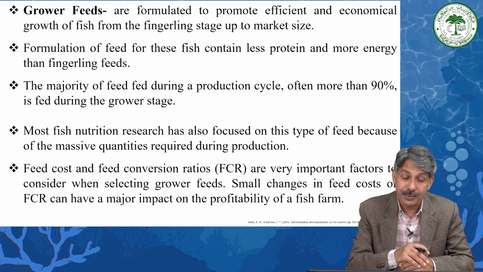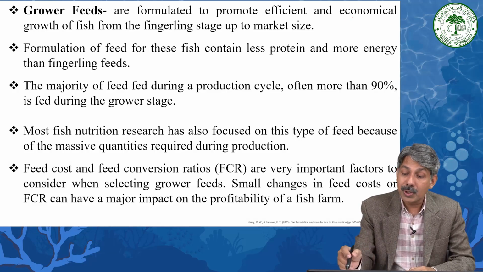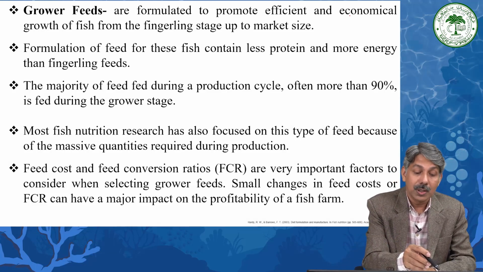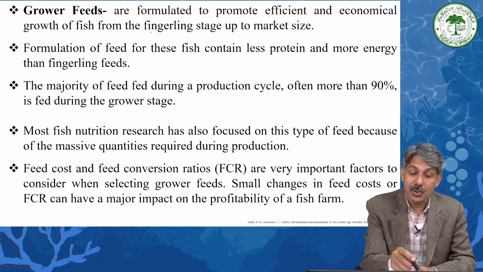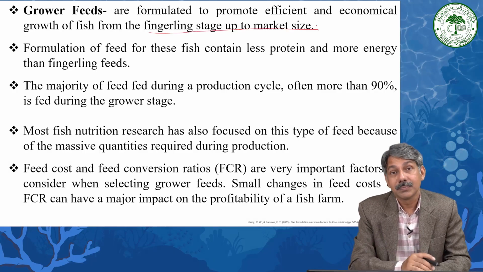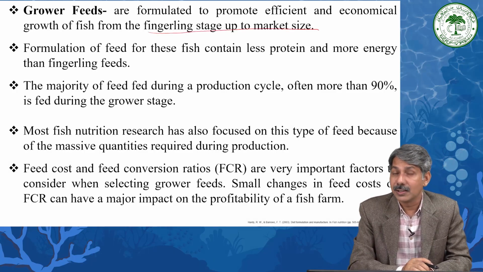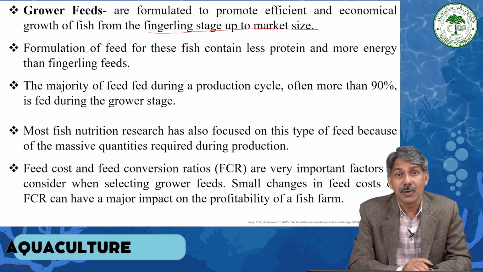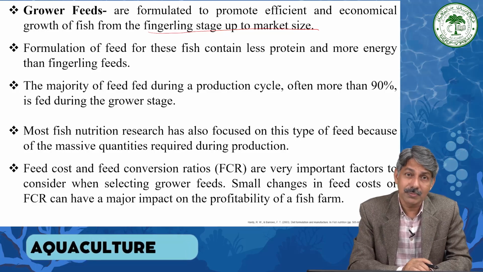Grower feeds are formulated to promote efficient and economical growth of fish from the fingerling stage to market size. Whatever marketable size is there for a specific fish species varies from species to species. For slow growers, market size is something different. For fast growers, market size is something different.